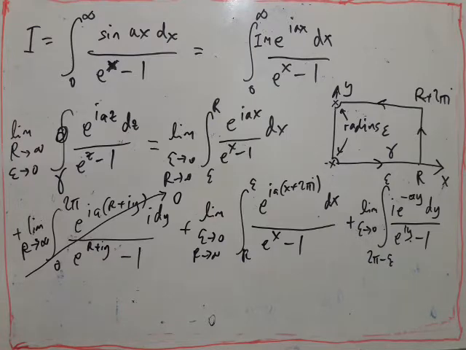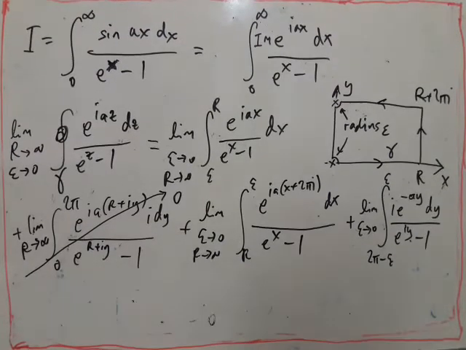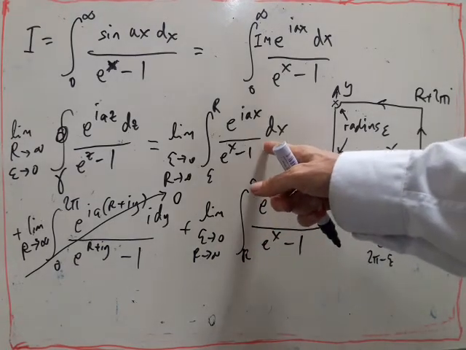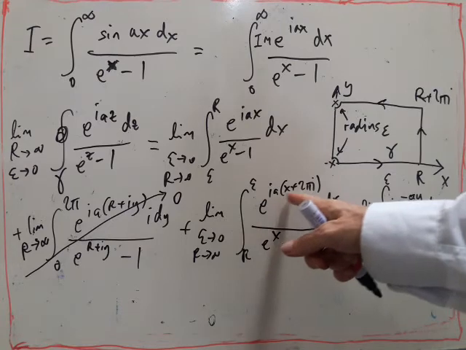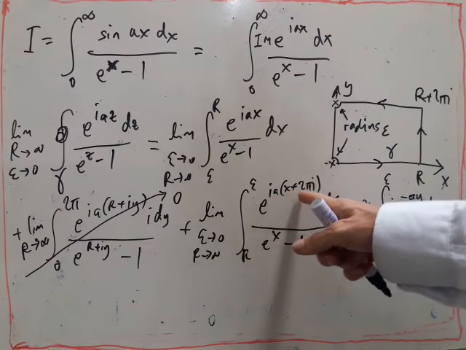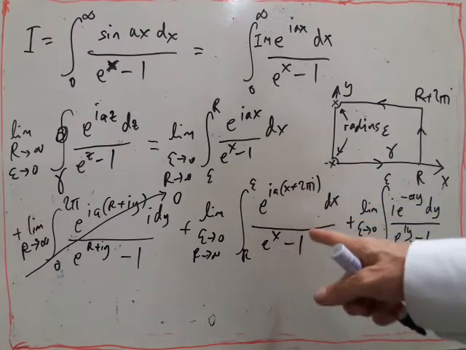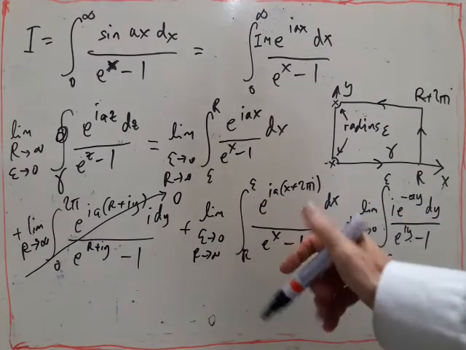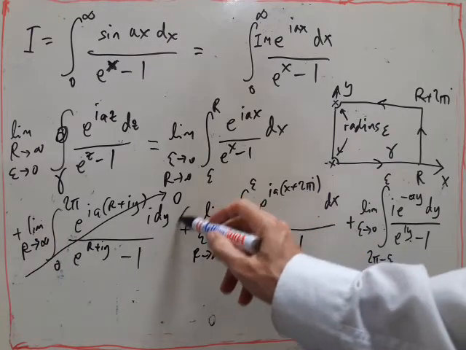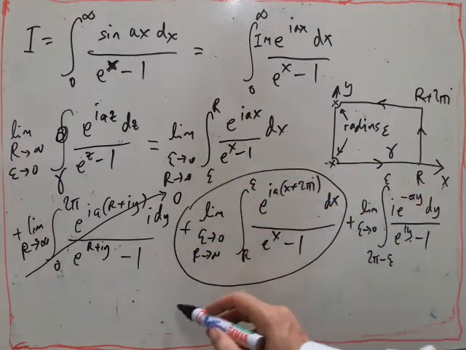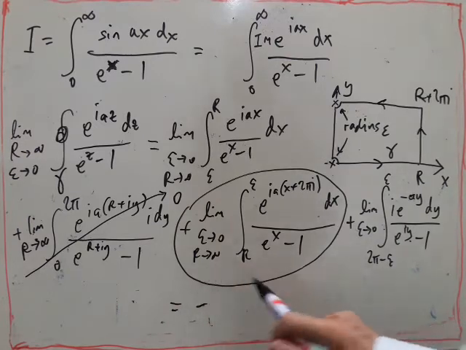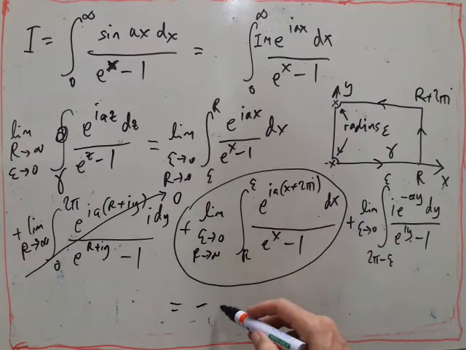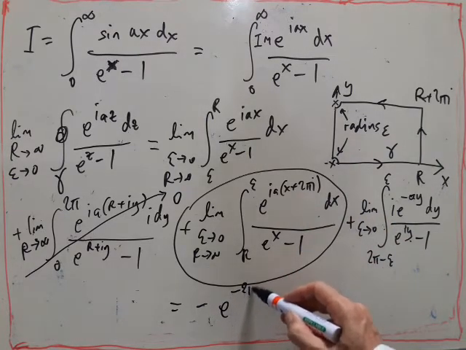Right, next, I noticed that this is effectively the same integral as this, except I've got an extra factor of e to the ia times 2 pi i. Reversing the limits, I'll write this thing as equal to minus, then I can take out a factor of e to the ia times 2 pi i, which is just e to the minus 2 pi a.